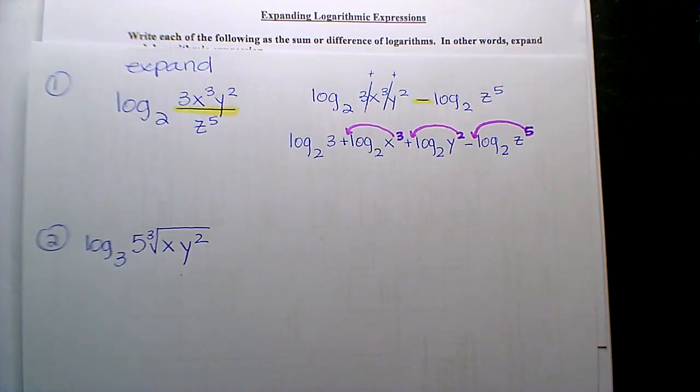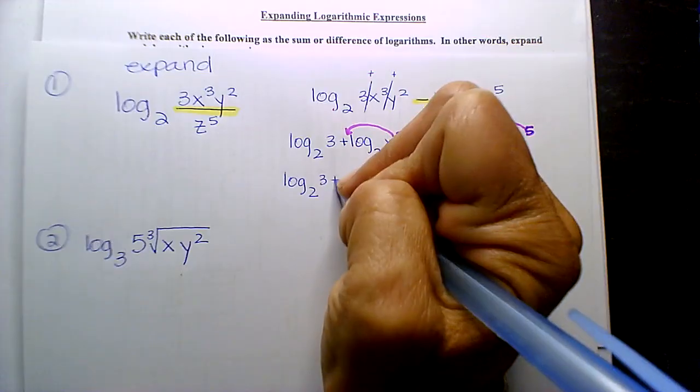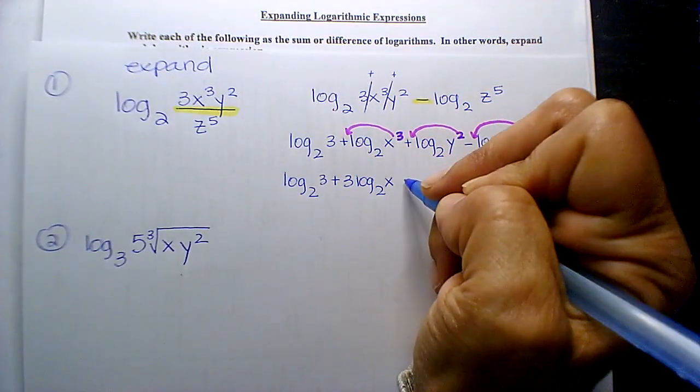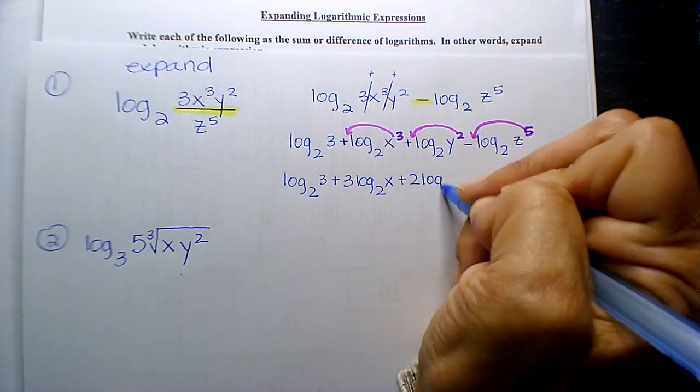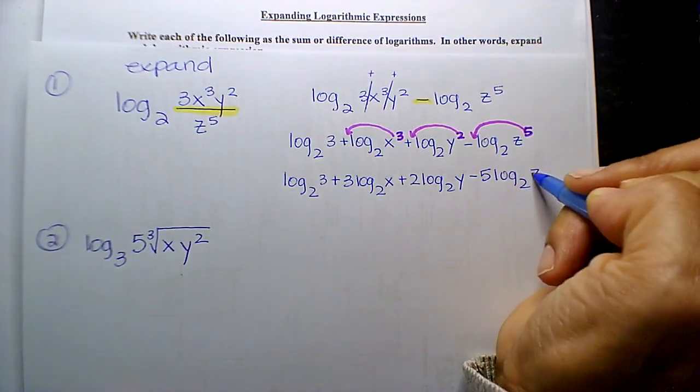They move to the front. And then that's it. You're done. So log base 2 of 3 plus 3 log base 2 of x plus 2 log base 2 of y minus 5 log base 2 of z.